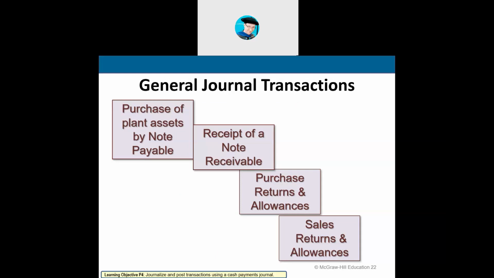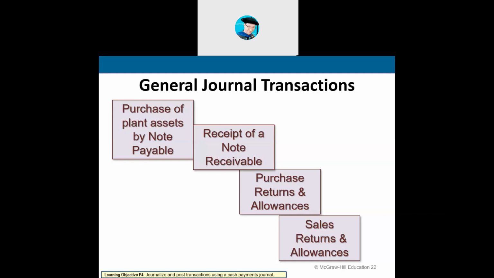Okay, a couple of general journal entries you might make into the accounting information system would include things like the purchase of property, plant, or equipment. We would debit either property, plant, or equipment, or whatever the subsidiary account is, and we would credit notes payable, and we would validate that through the receipt of the note.